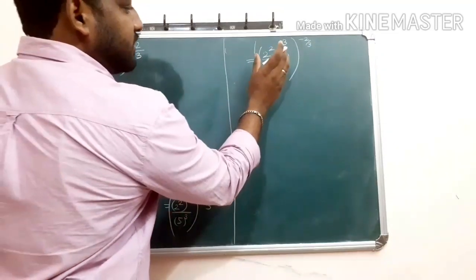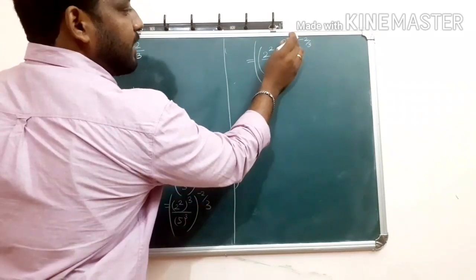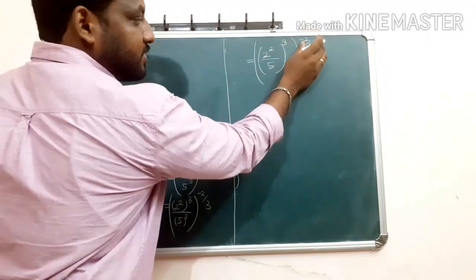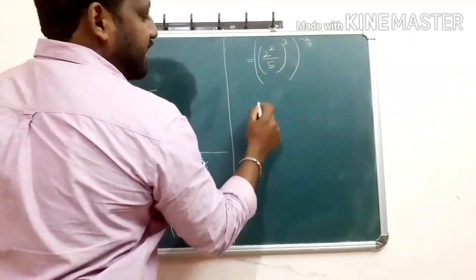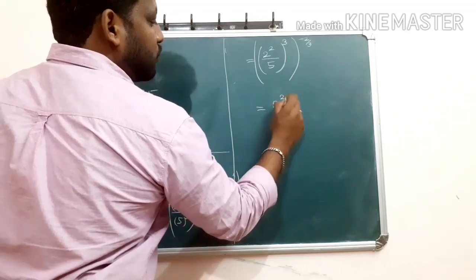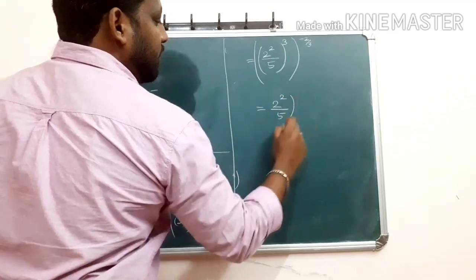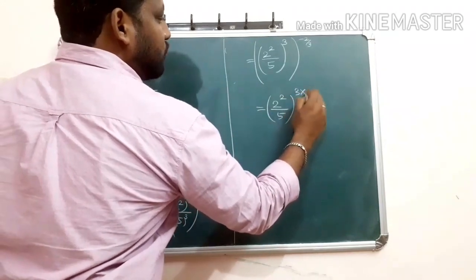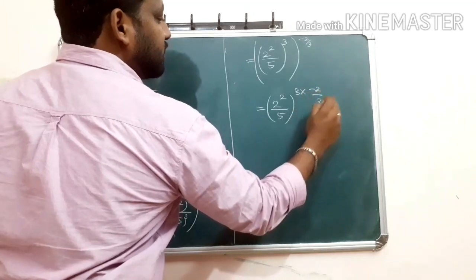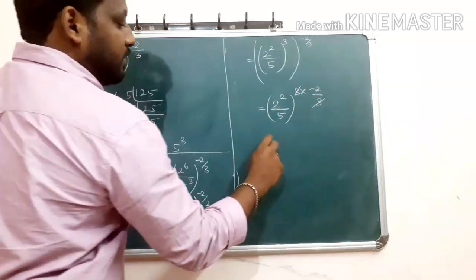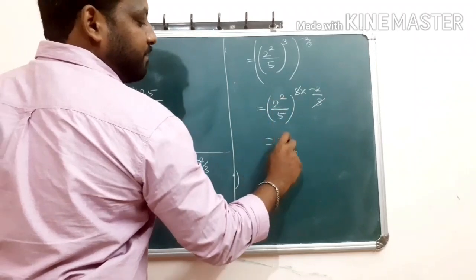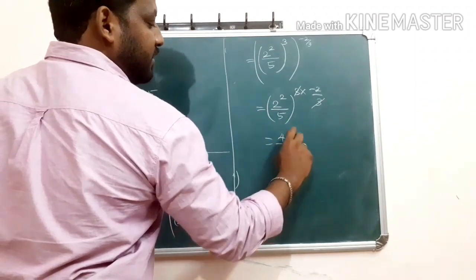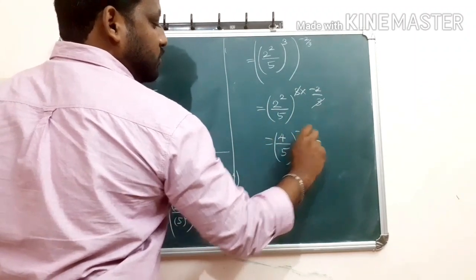So here this is a power m the whole power n, that is a power m into n, that is 2 power 2 divided by 5 the whole power 3 into minus 2 by 3. So here 3 will be cancelled. We know that 2 square is 4, divided by 5, the whole power minus 2.